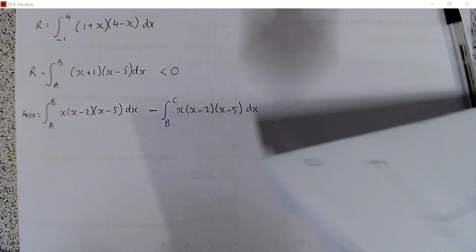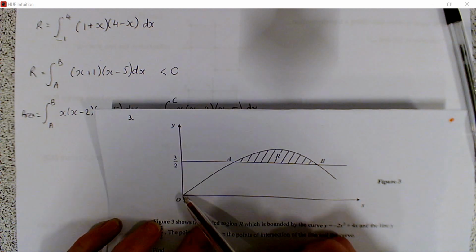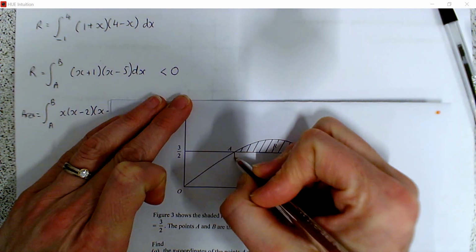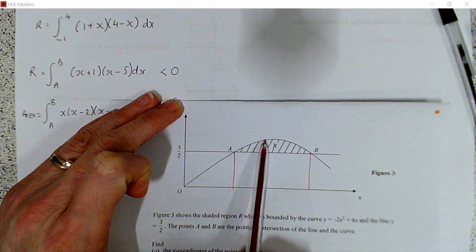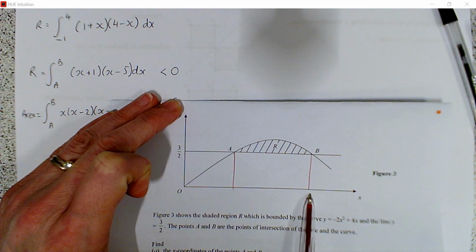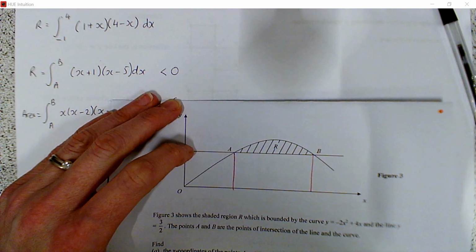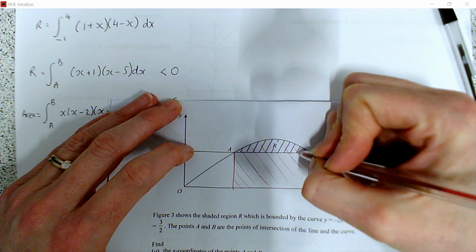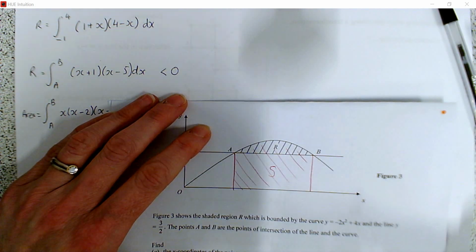Then you can also find areas that are kind of floating in midair. Now we can only find the area between a curve and the x-axis. So here I'd be interested in using the area between this curve and the x-axis, which I know how to find. So to find that total area, I'm going to put it in red, and I'll call that R, so I'll call this S, the big one.